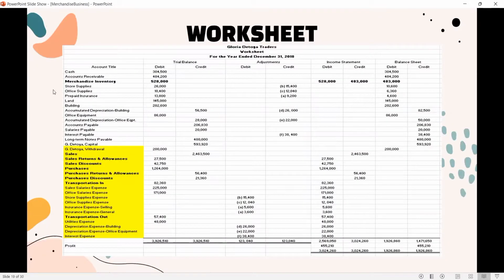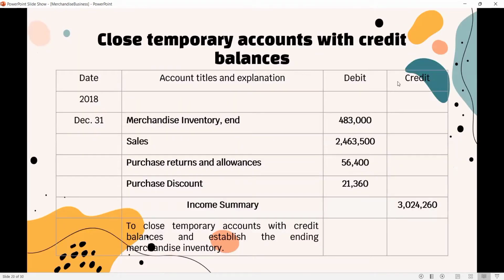So, here we have the merchandise inventory, ending, of 483,000; sales of 2,463,500; purchase returns and allowances of 56,400; and purchase discount of 21,360. We close them to the income summary account, and we add them up to get the total. Then we add the explanation: to close temporary accounts with credit balances and establish the ending merchandise inventory.